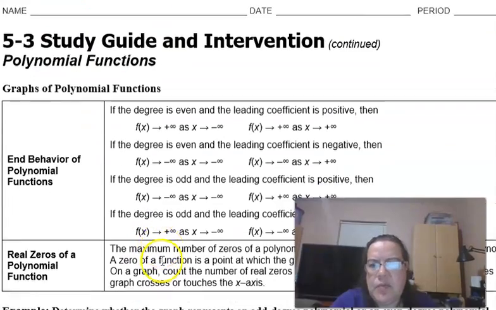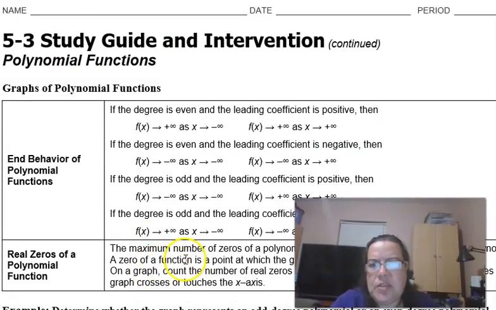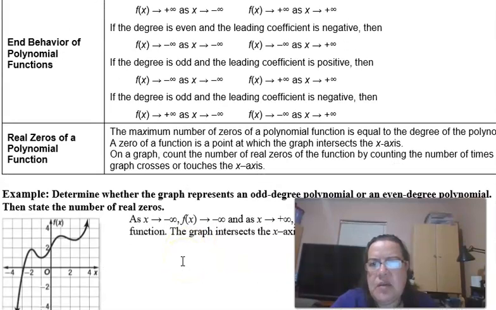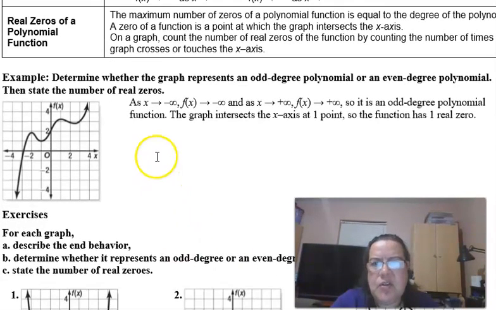So now we continue with more questions here. It's asking you to see what the end behavior is. If you look at the example here, you see what is happening over here. If you notice, this particular graph just continues and continues on to positive infinity.